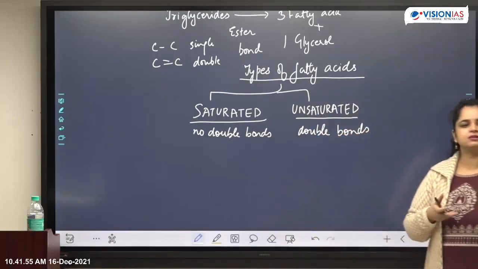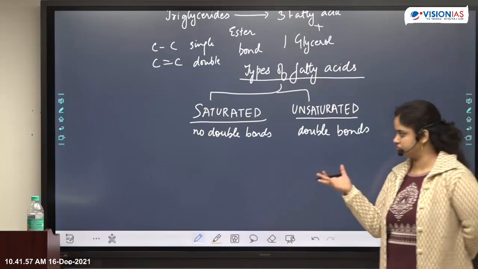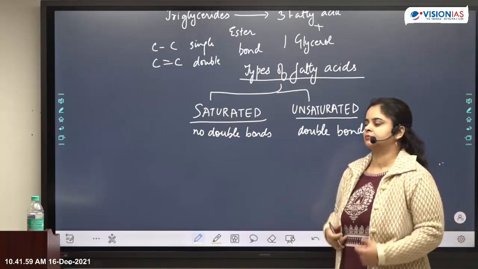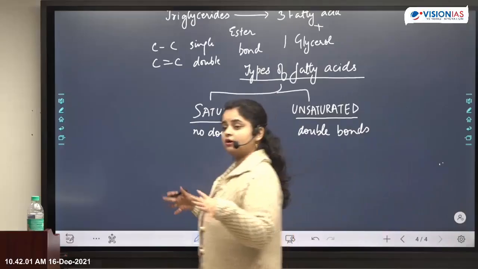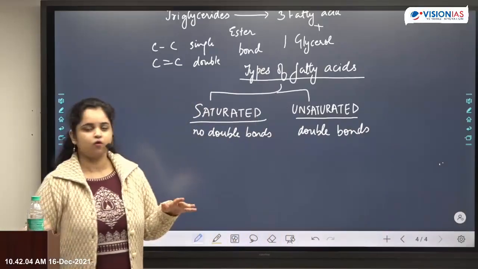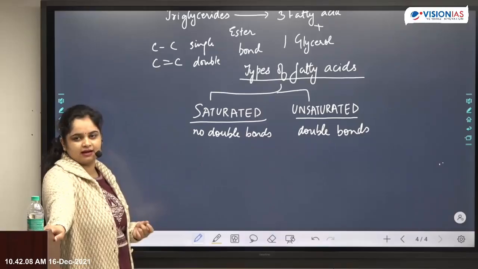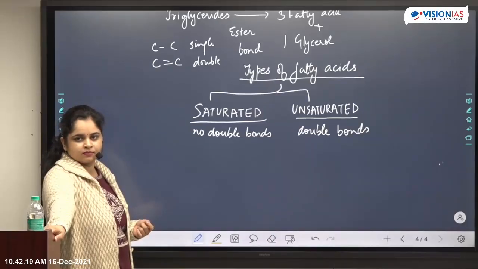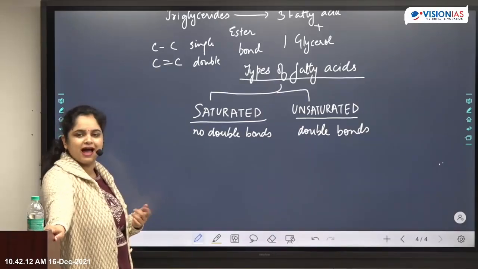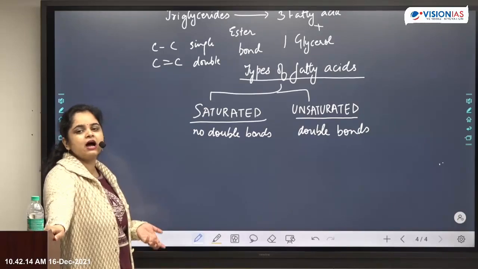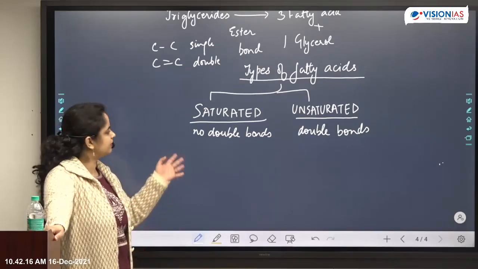Now examples, of course, will give you a better understanding of this. On a very broad level, what we find is that all animal based fats, everything that we are getting from animals, they are mostly known to be saturated.